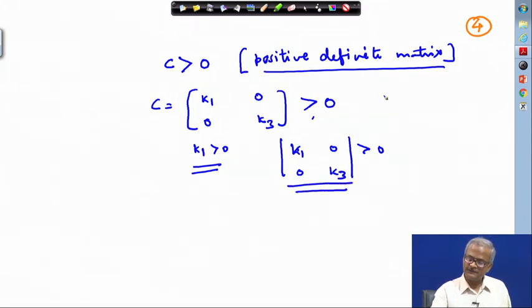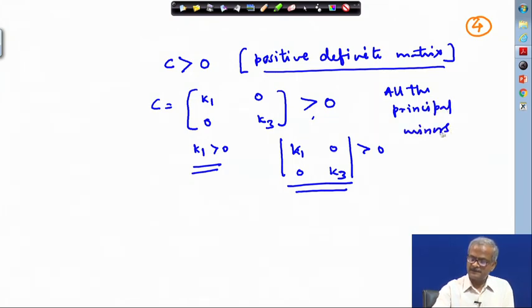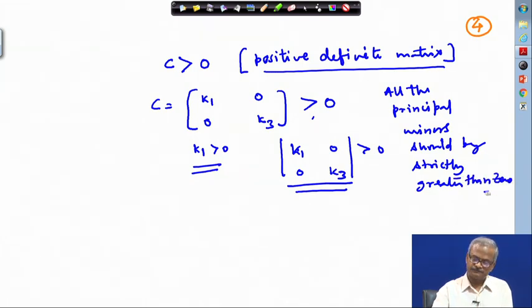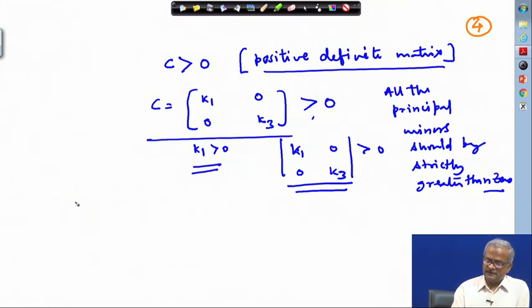That means, in any matrix, all the principal minors should be strictly greater than 0. If this condition is satisfied, then we say that the system is statically stable. So, why are we telling that?